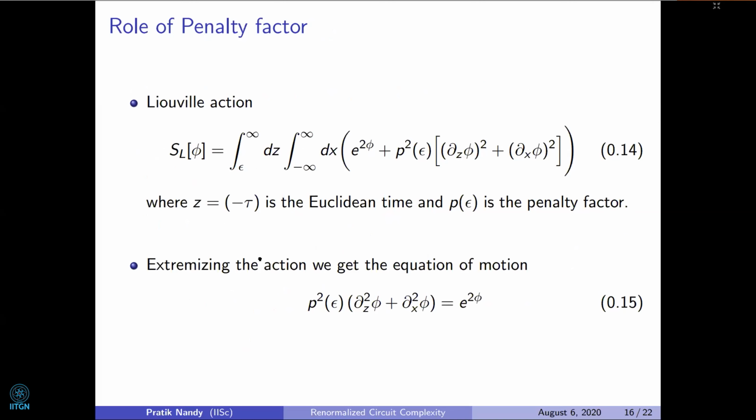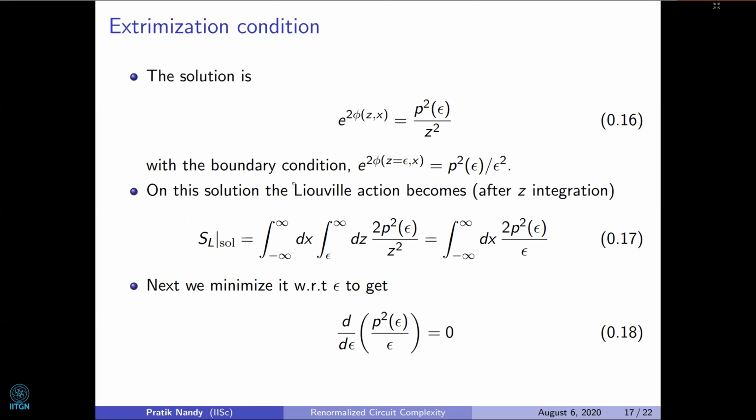So we can extremize this action, and we get the equation of motion, and the solution is pretty simple, with the boundary condition given at z equals epsilon, where we have created the vacuum state. On the solution, we can evaluate the Liouville action, which is given by just p squared over epsilon, and according to the path integral optimization picture, this is just the total number of gates.